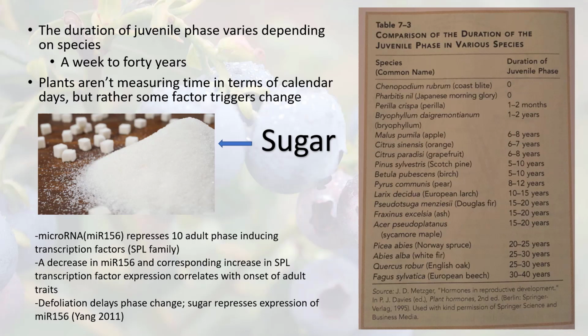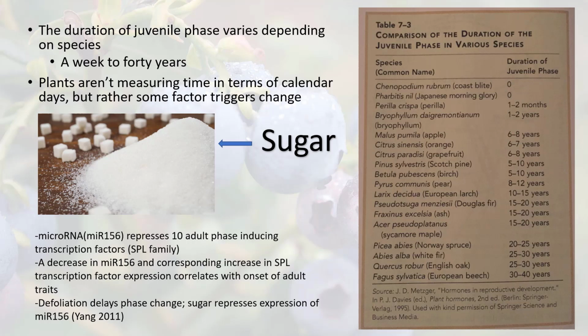Well, there are a family of transcription factors, the SPL family, that will turn on genes that will result in the expression of adult traits, right? So essentially, this family of these SPL genes, transcription factors, will turn on genes that are going to transition our plant into an adult.